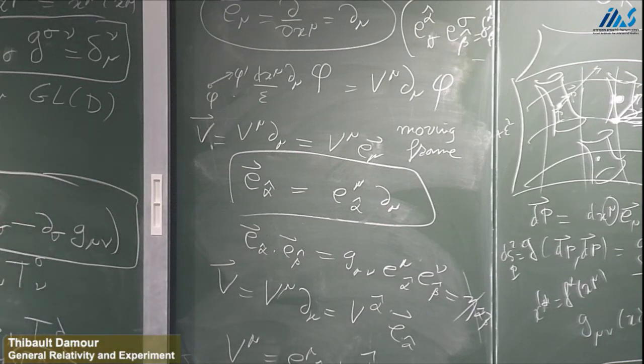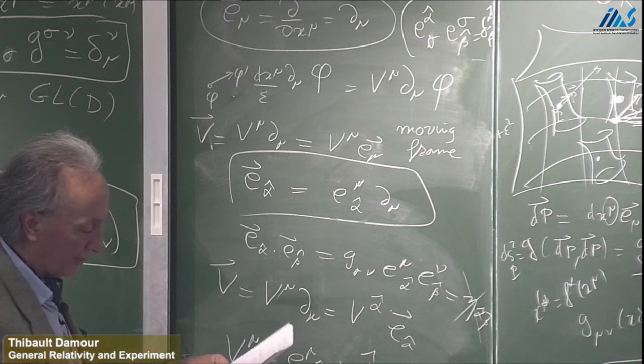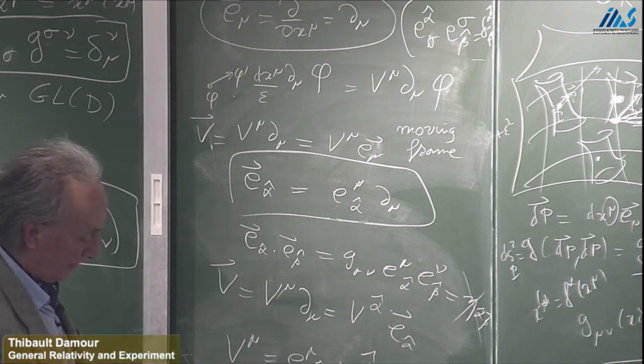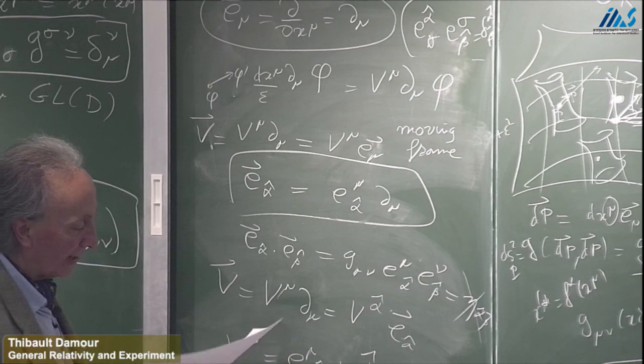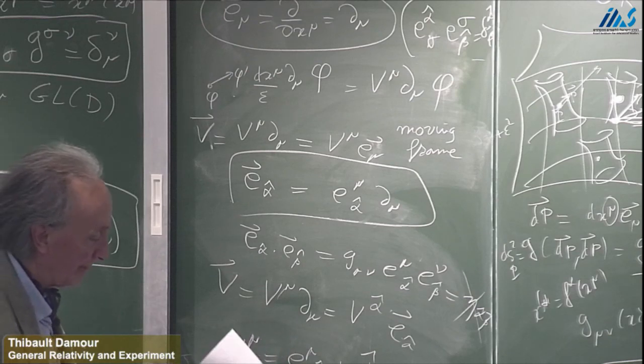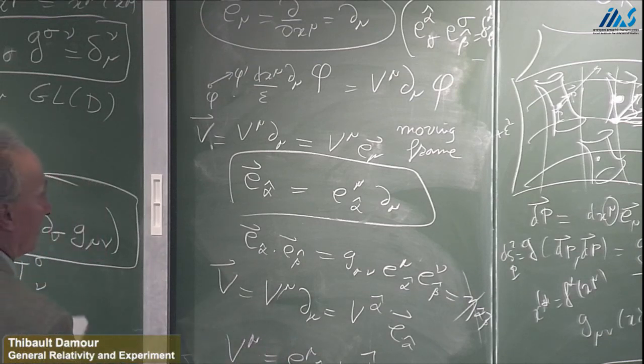But here the connection was differentiating a vector along some direction mu. I can now try to differentiate in the general frame, so let me define the connection now in the general frame. I will just write some formulas.